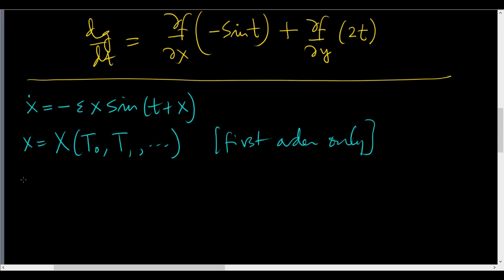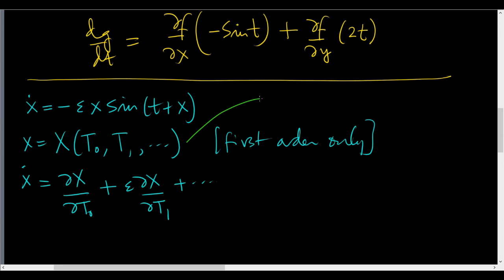I have x dot is equal to del x del t0 plus epsilon del x del t1, and I don't need any more. Of course I should specify here, so let me do that. t0 equals t, t1 equals epsilon t, etc.